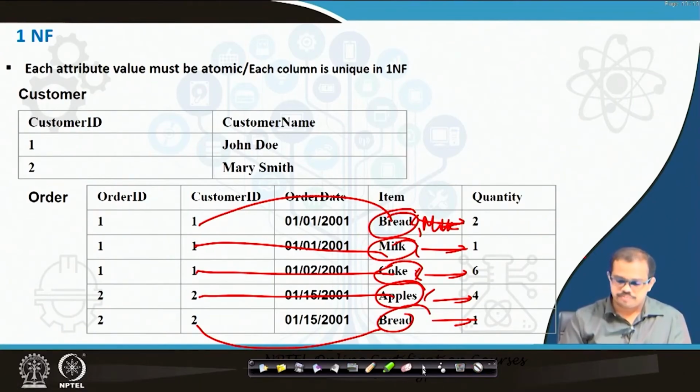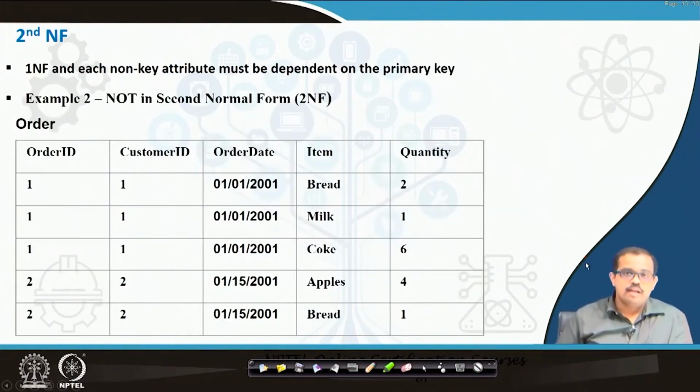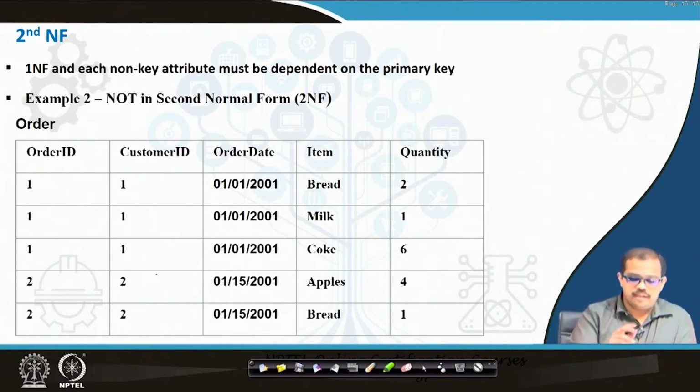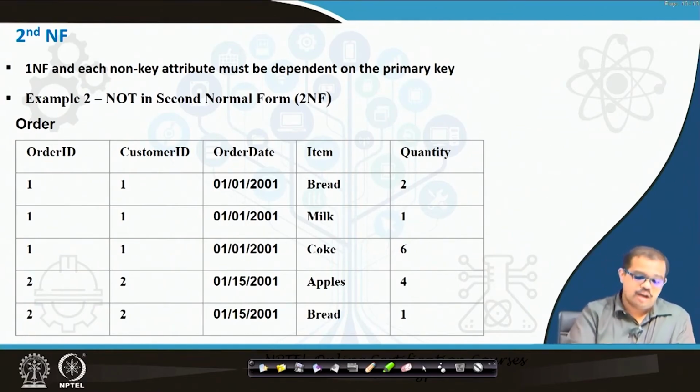So, if we are looking at the second normal form, I did tell you that it has to be in the first normal form first, which means it has to be atomic. Now, each non-key attribute must be dependent on the primary key. I said let us take customer ID as a primary key. Now, all of these are non-key attributes, whether it is quantity, item or order date.